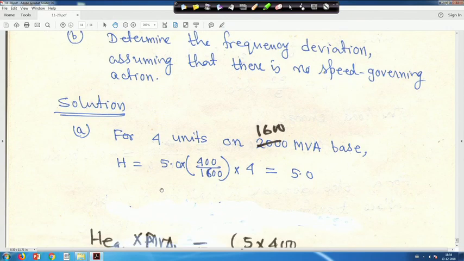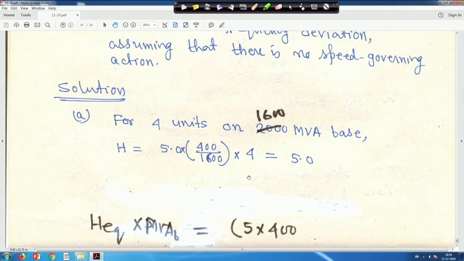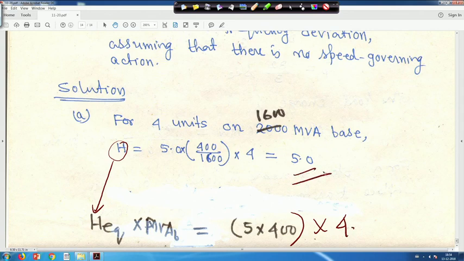So H equivalent is 5 into 400 divided by 1600 times 4, which gives 5.